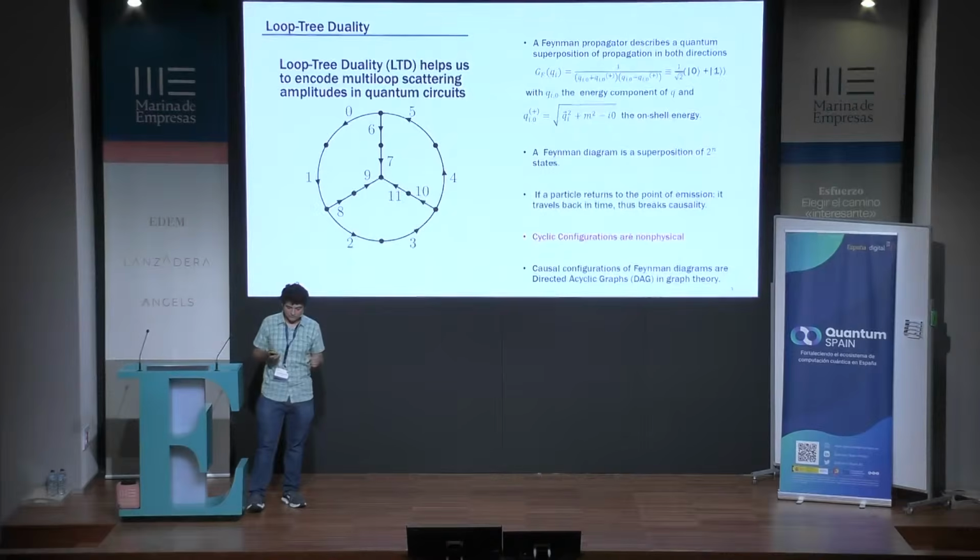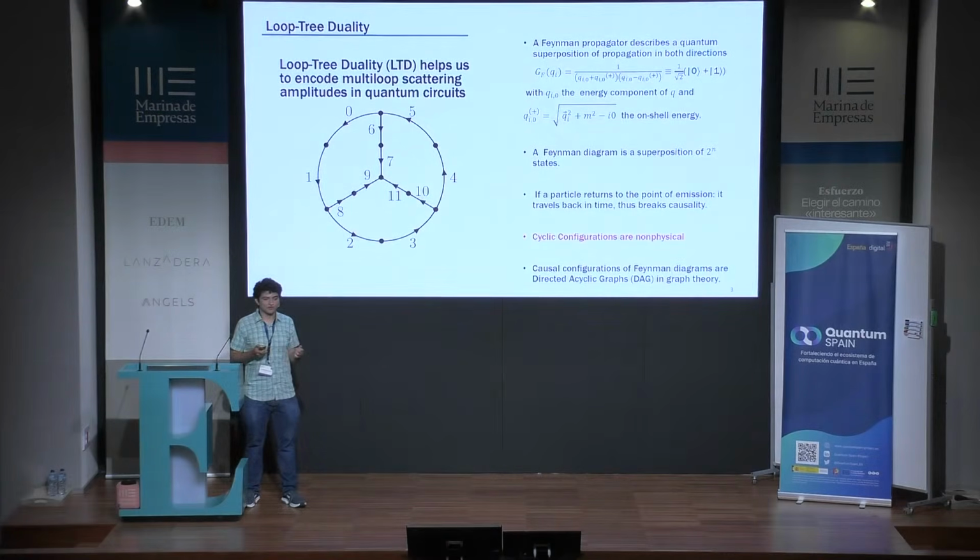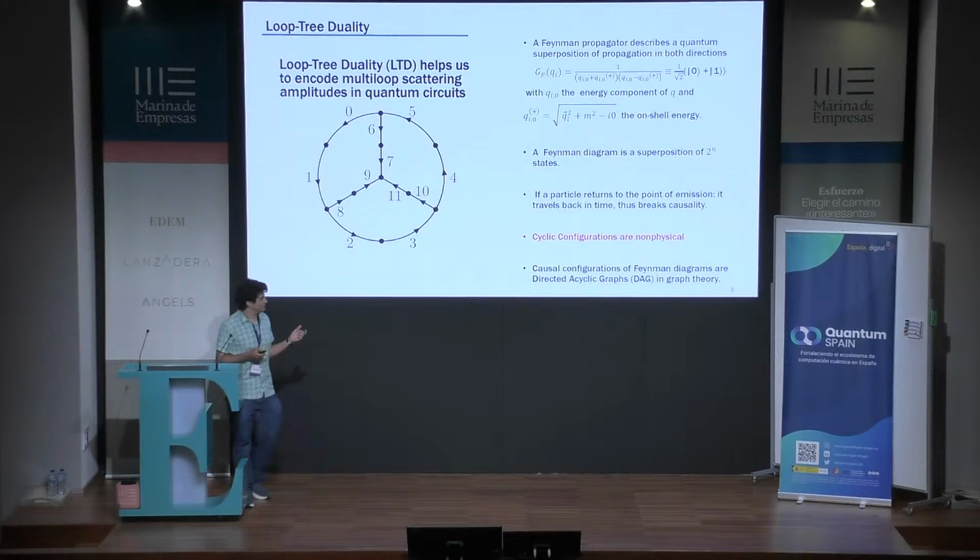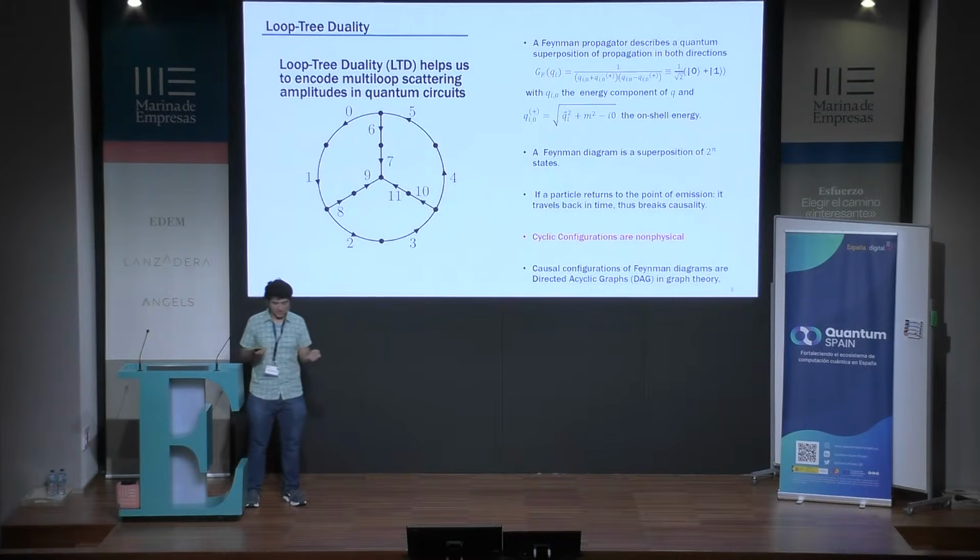In this work, particularly, we try to use loop-tree duality to encode multi-loop scattering amplitudes in quantum circuits. What we're trying to do is find a way to analyze the configurations of these diagrams that are equivalent to acyclic graphs, and to find the acyclic configurations.